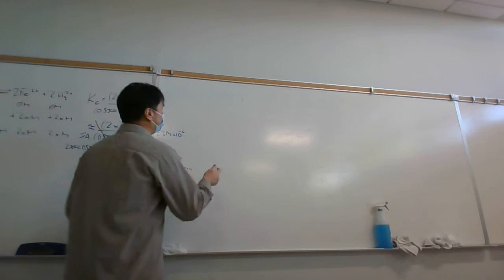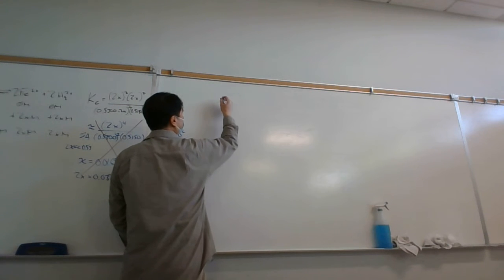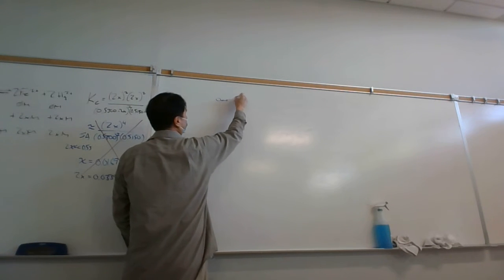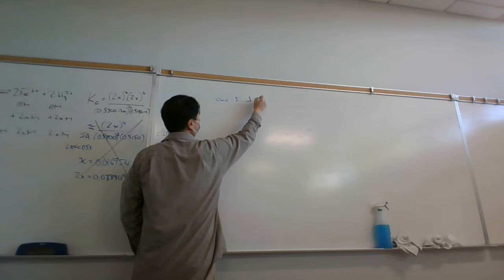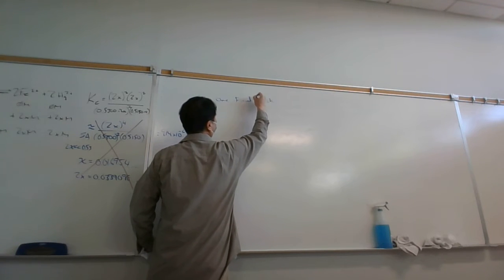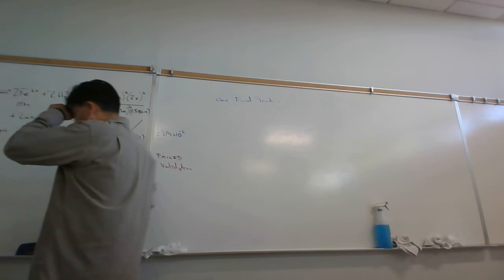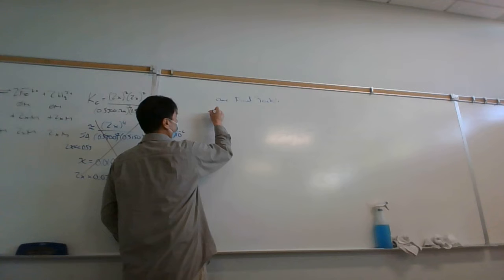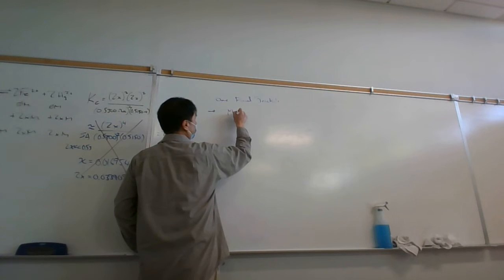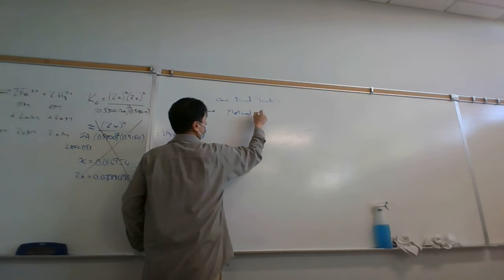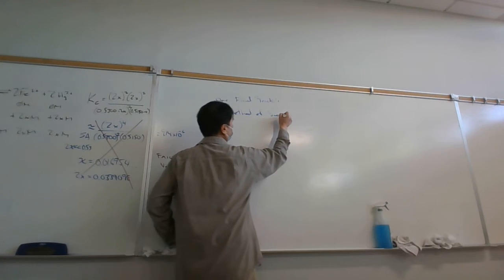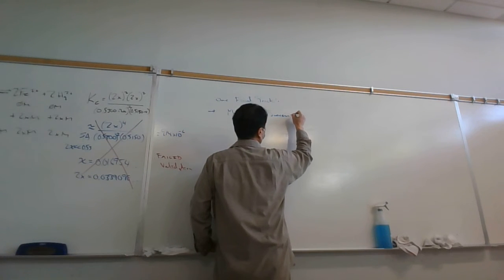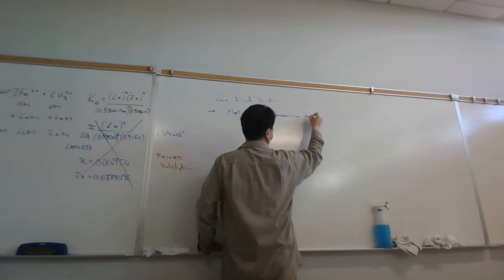And this is the final one, though. One final trick that you can use. And it has a name. It has multiple names. It's the method of successive approximations.